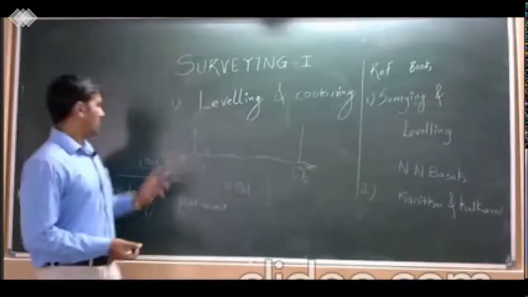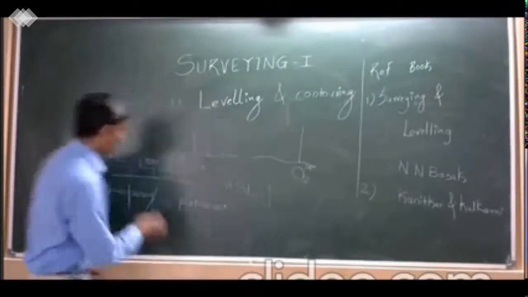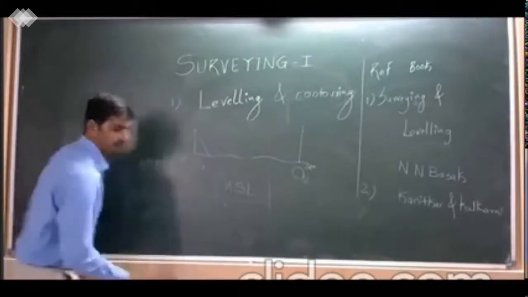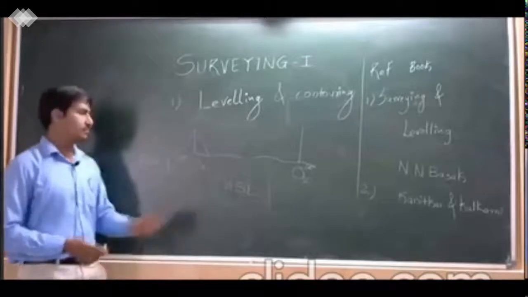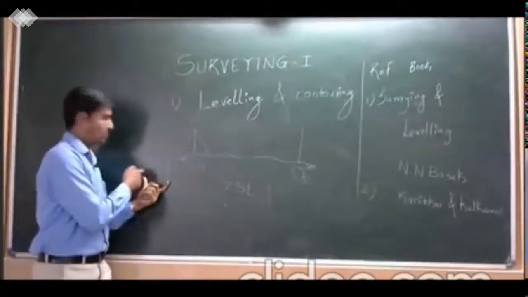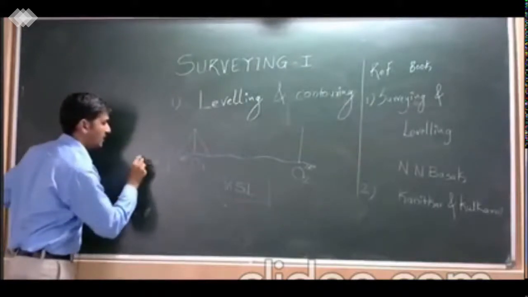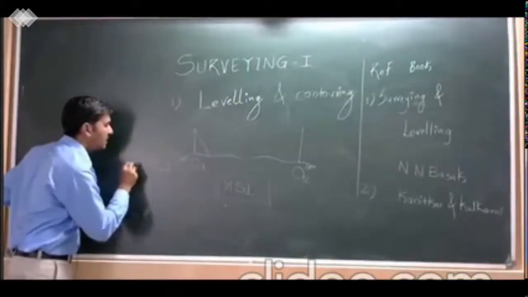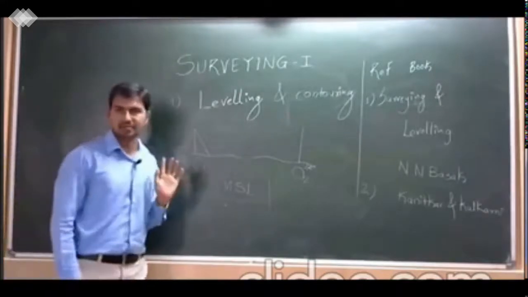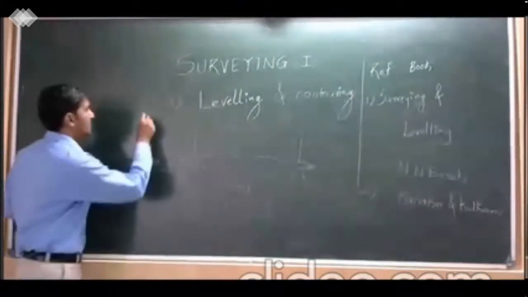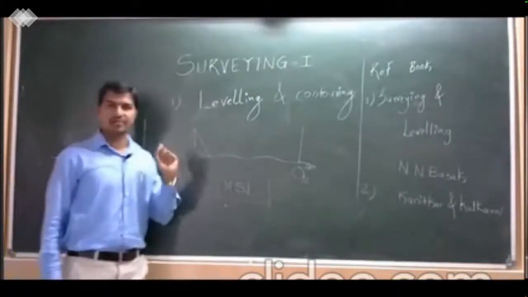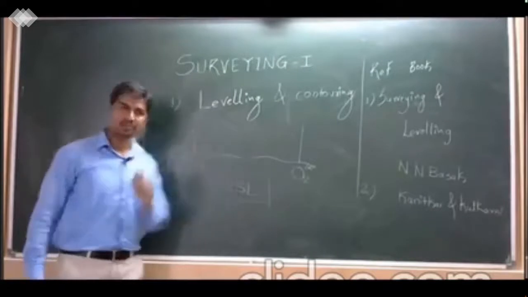Got it? Now, coming back to my experiment, what I have done is I have identified a temporary benchmark. I will write this as TBM, temporary benchmark. I will keep the measuring staff on that TBM.